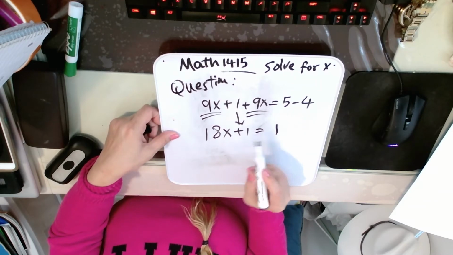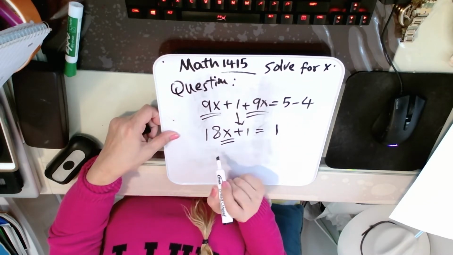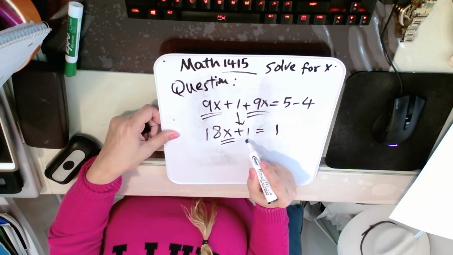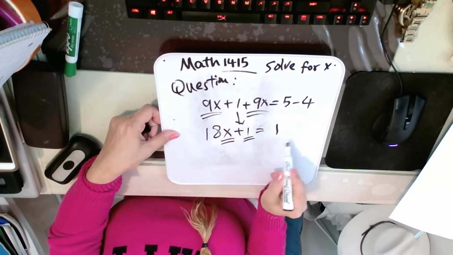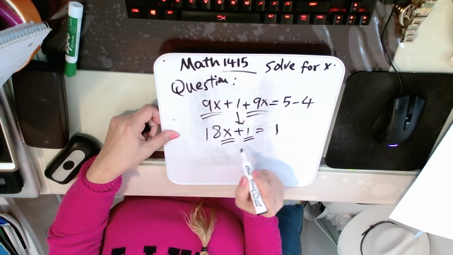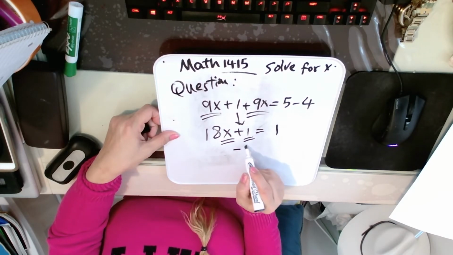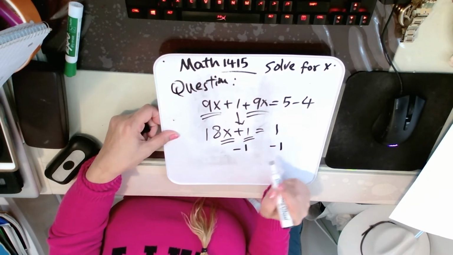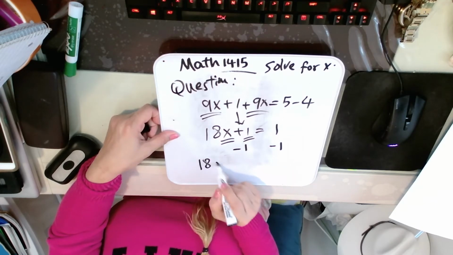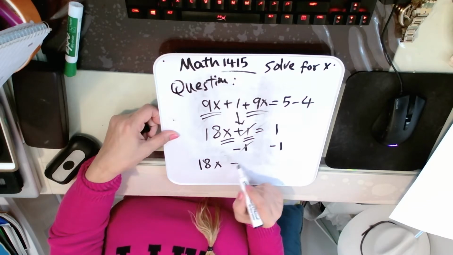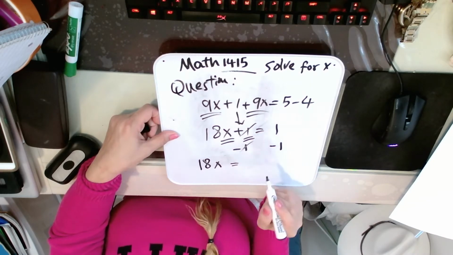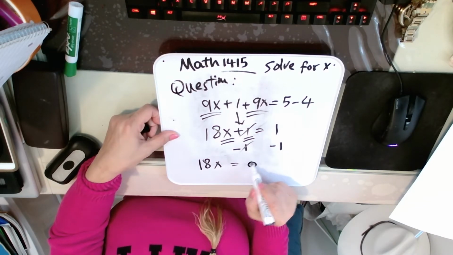So to find x, we have to get rid of this 1. So we're gonna subtract 1 from both sides. 18x, 1 minus 1, 0, equals 1 minus 1, 0.